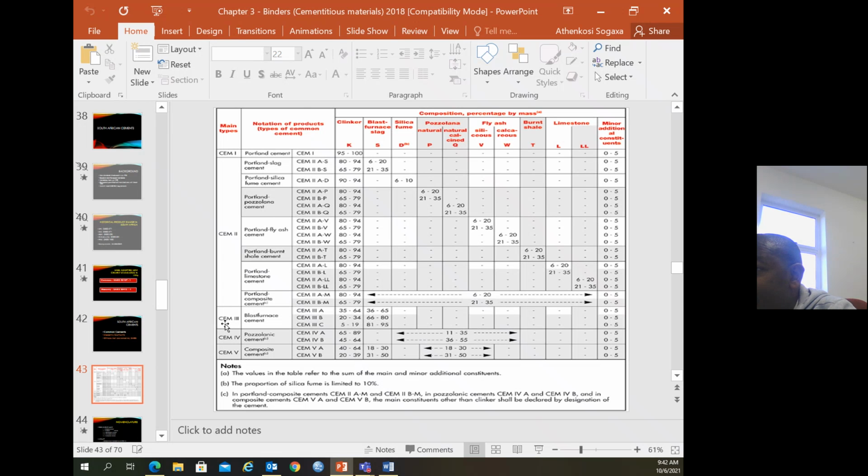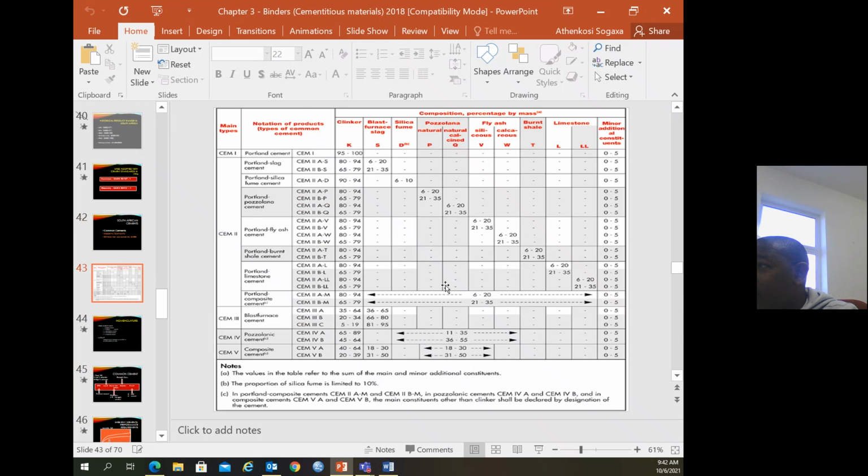Now what happens here is, for instance, these are cement extenders. That means Portland cement has 95 to 100% clinker. And this one, SEM2A, has clinker of 80 to 94%.